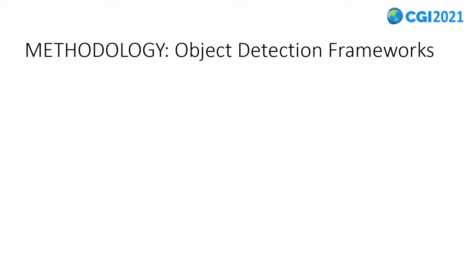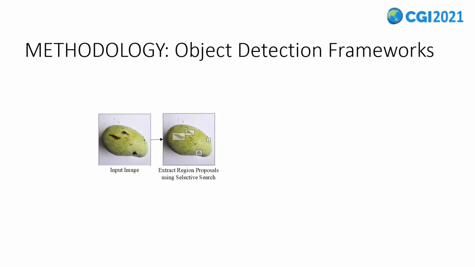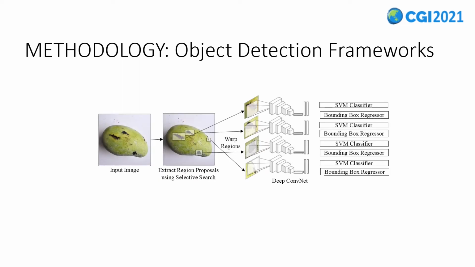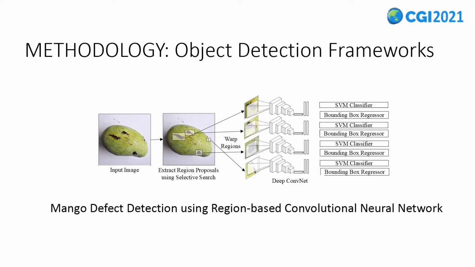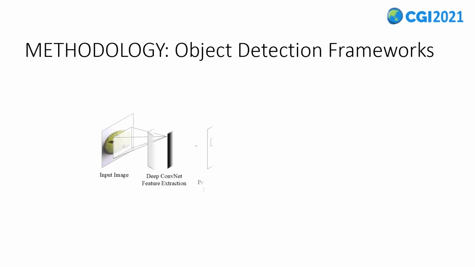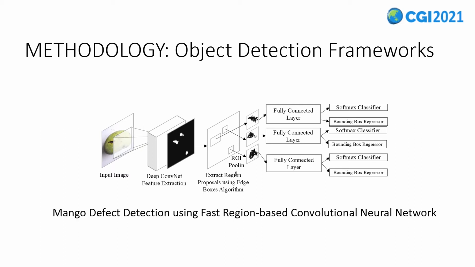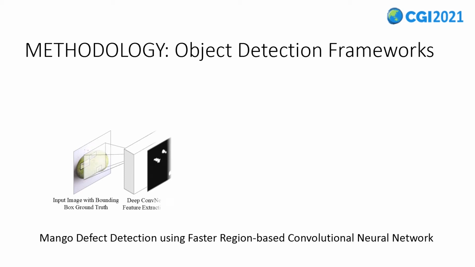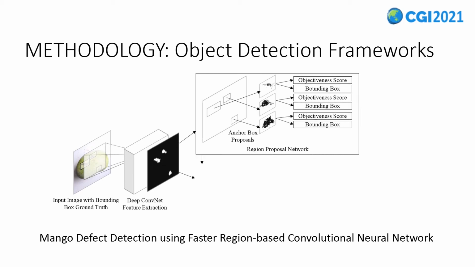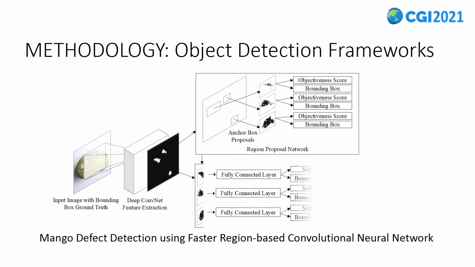5 object detection frameworks were compared to identify the defects found in Carabao mangoes. 3 of these frameworks are state-of-the-art methods, namely the region-based CNN, the fast region-based convolutional neural network, and the faster region-based convolutional networks shown in these slides.